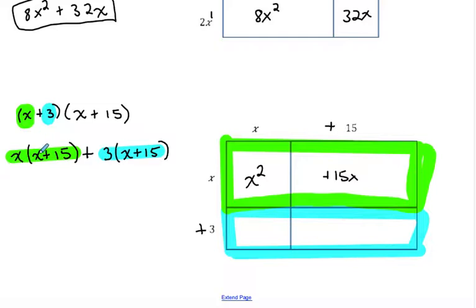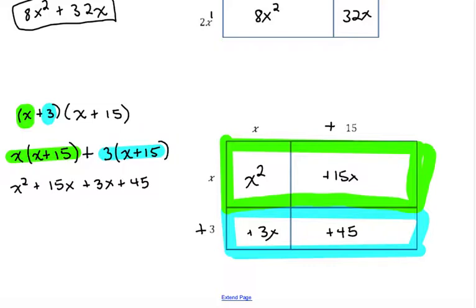So here you can see x times x is x squared and x times 15 is positive 15x. Looking at the second area, the second rectangle, I'm going to end up with a positive 3x from this space here, and then a positive 45, 3 times 15, so positive 45.